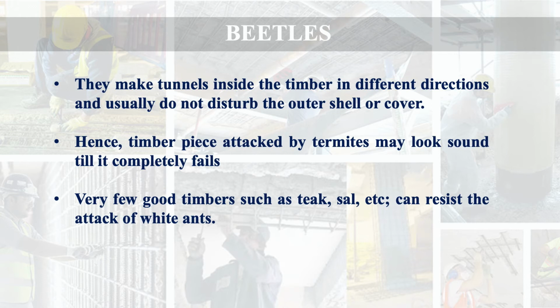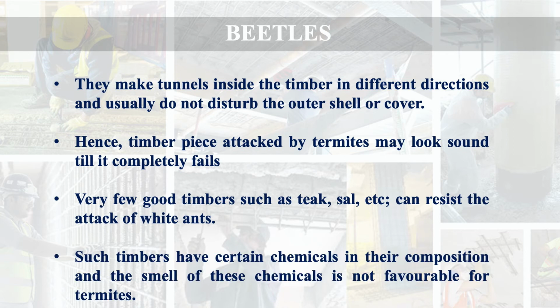Very few good timbers such as teak, sal, etc. can resist the attack of white ants. Such timbers have certain chemicals in their composition and the smell of these chemicals is not favorable for termites. Because of that, these timbers are not attacked by termite.